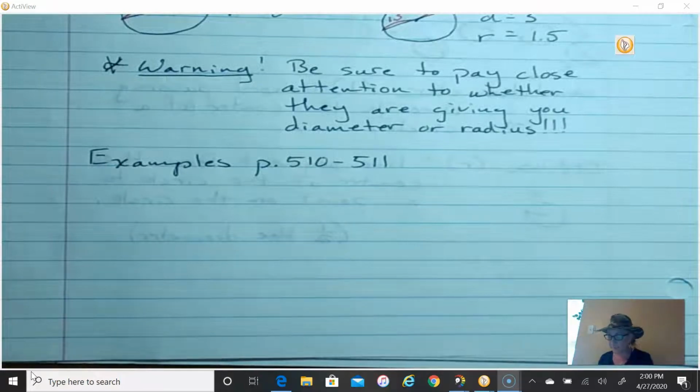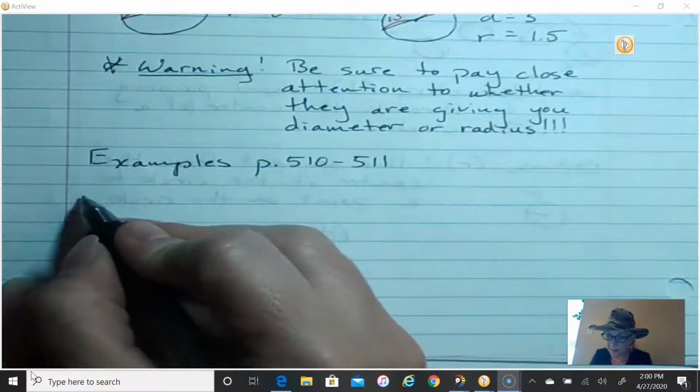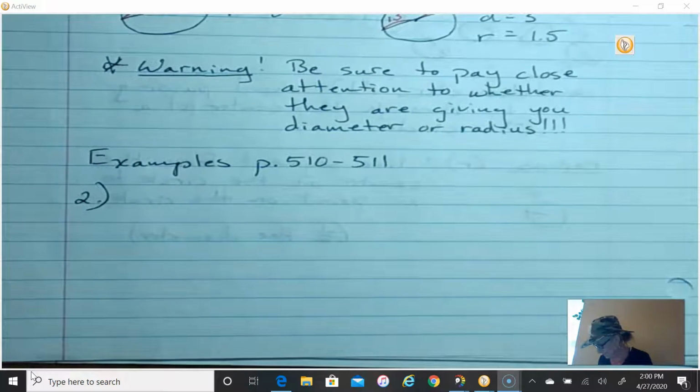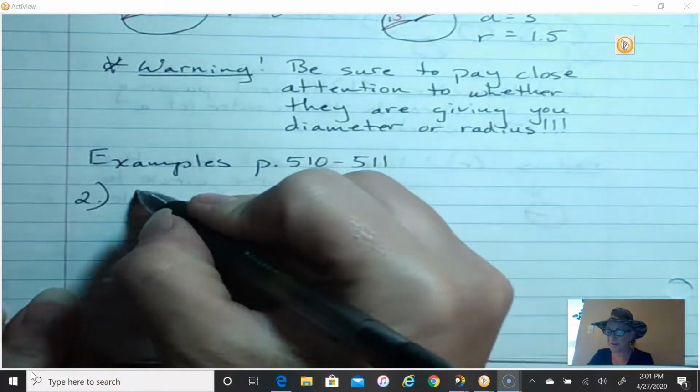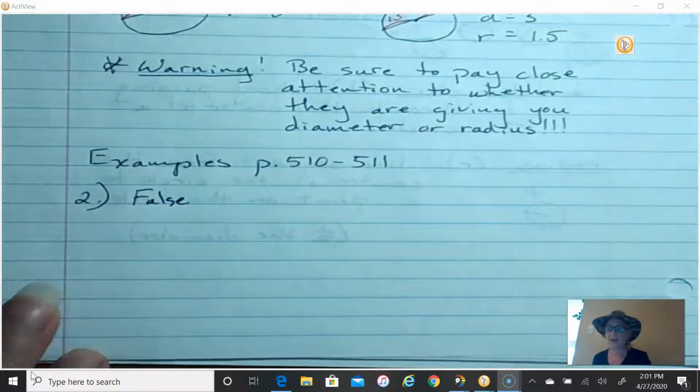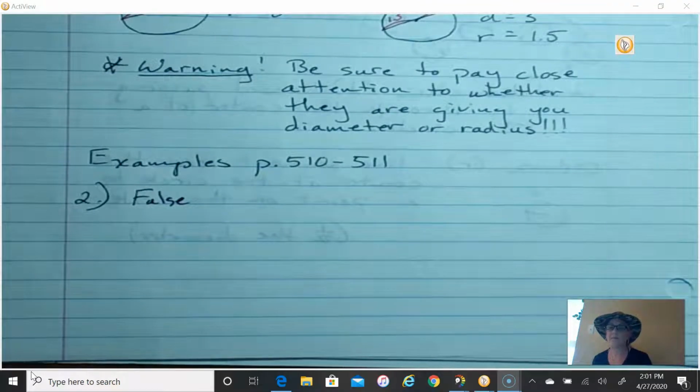Okay, let's go ahead and do a few examples. Look at number 2. This is just true or false. It says a radius is twice the length of a diameter. Play on words. That's false. I want someone to explain why. Go ahead, explain it.